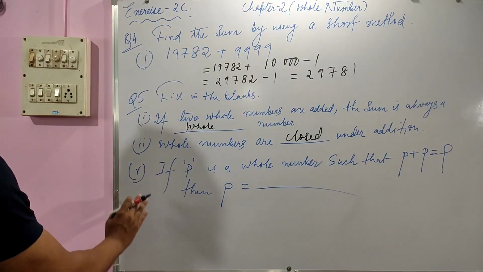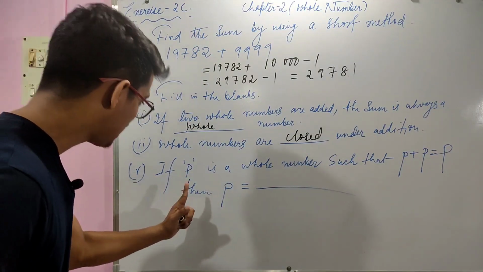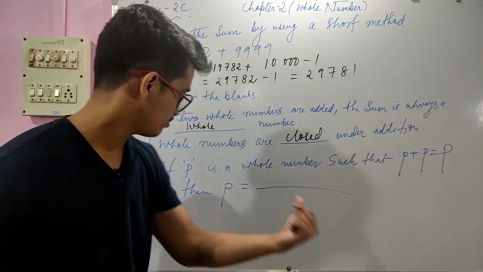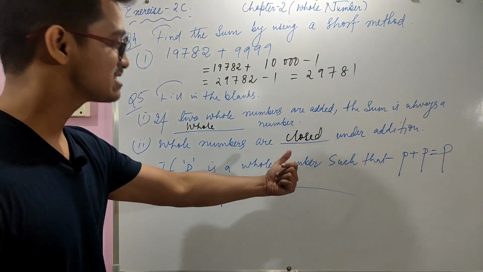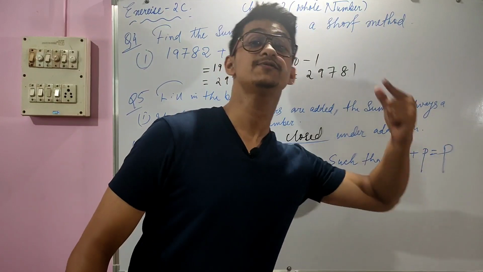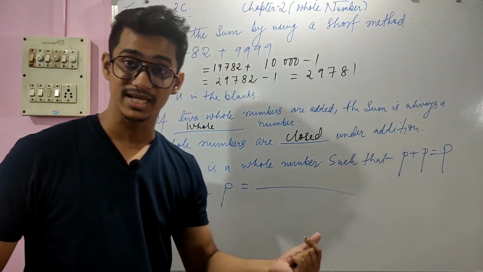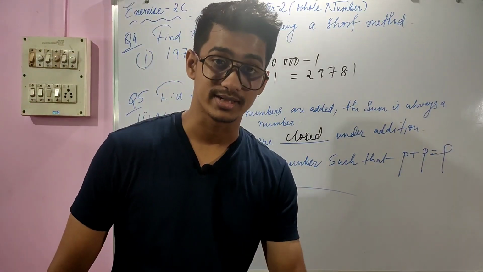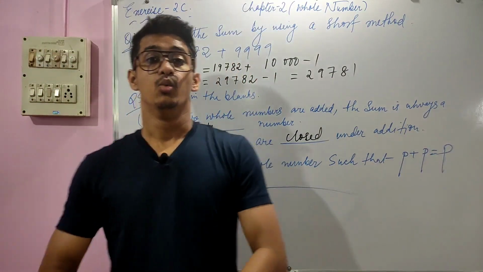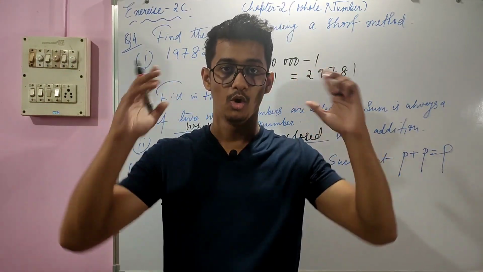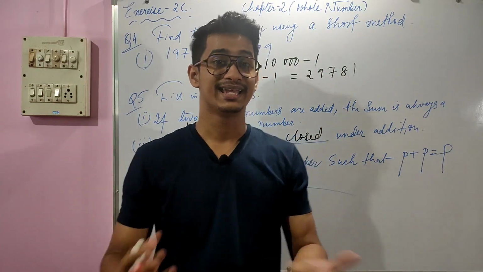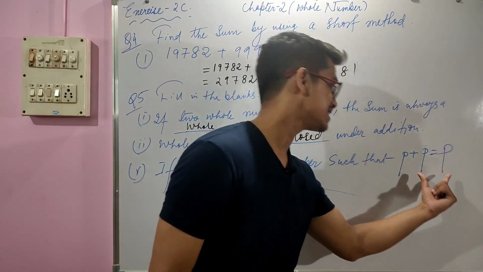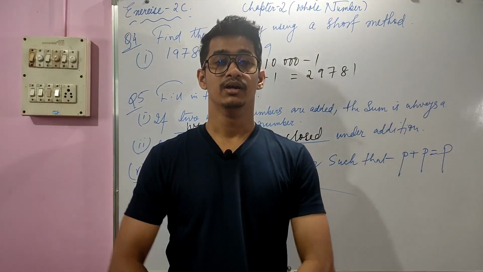So last question is, if P is an alphabet which is representing some whole number, a whole number such that P plus P gives you P, then P is equal to what? Now tell me, which number in the set of whole numbers can represent this particular statement? Which number?